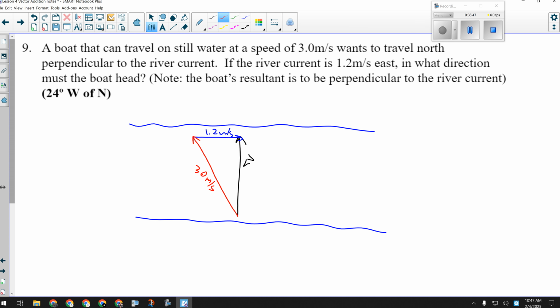So that's our triangle. The question just wants, what's the heading? What direction must the boat head? Which means you could calculate this angle or this one. It doesn't specify. Either one would be right.